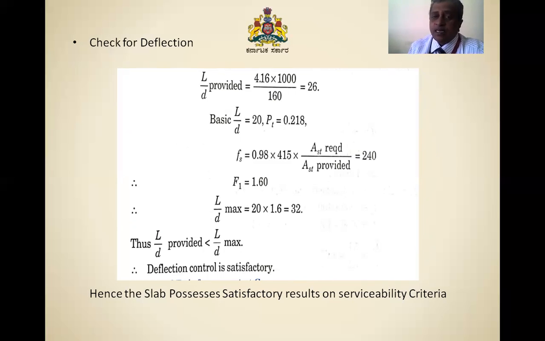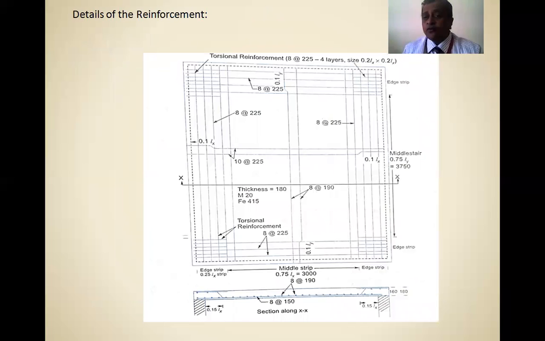This is one. Next, we will move on to the total reinforcement arrangement. See, this is the shorter span and this is the longer span. 3/4 of the main steel in either direction, the maximum steel, is provided. Along the shorter span, 10 mm bars at 225 are provided here, and along the longer span, 8 mm at 190 are provided here. For the edge strip, which is 1/8 of Lx on either side, 50% of the steel is provided, and the other 50% of the steel is kinked.